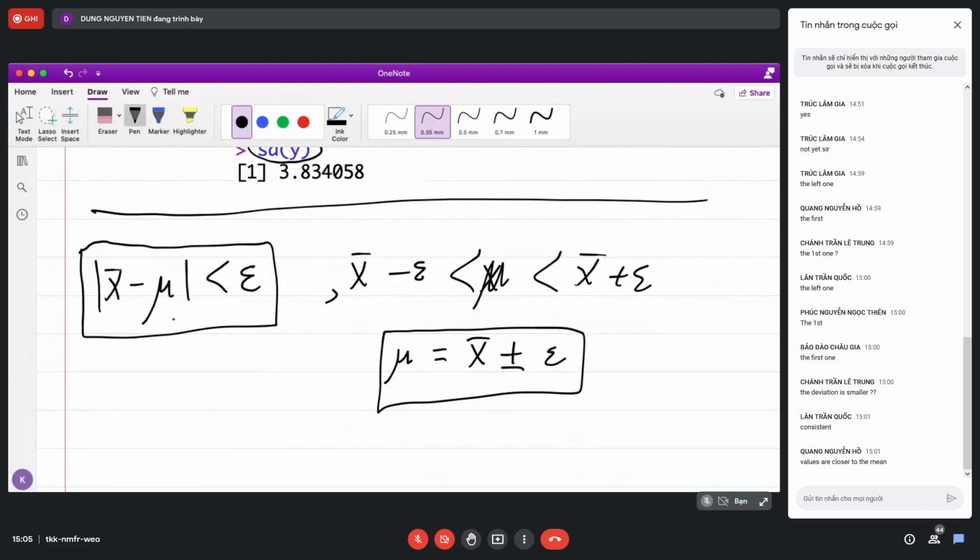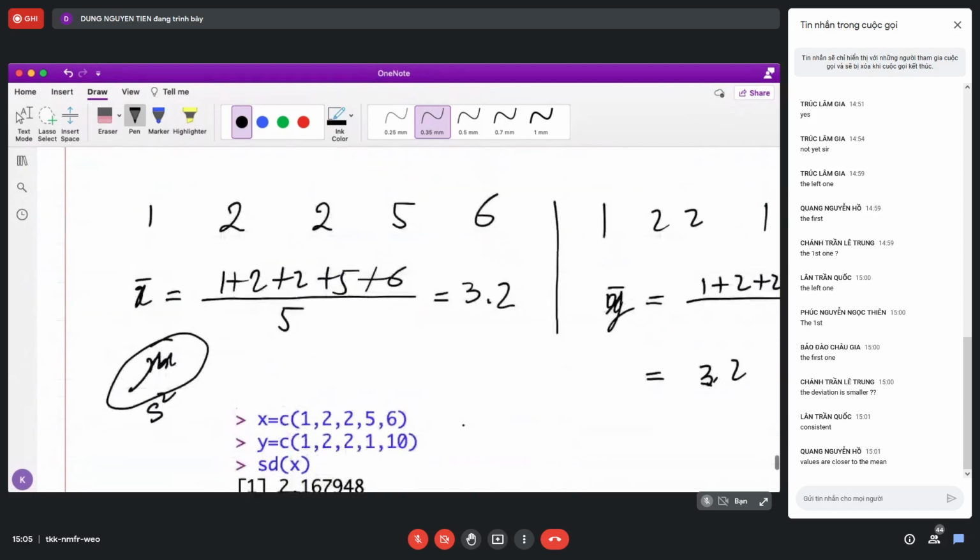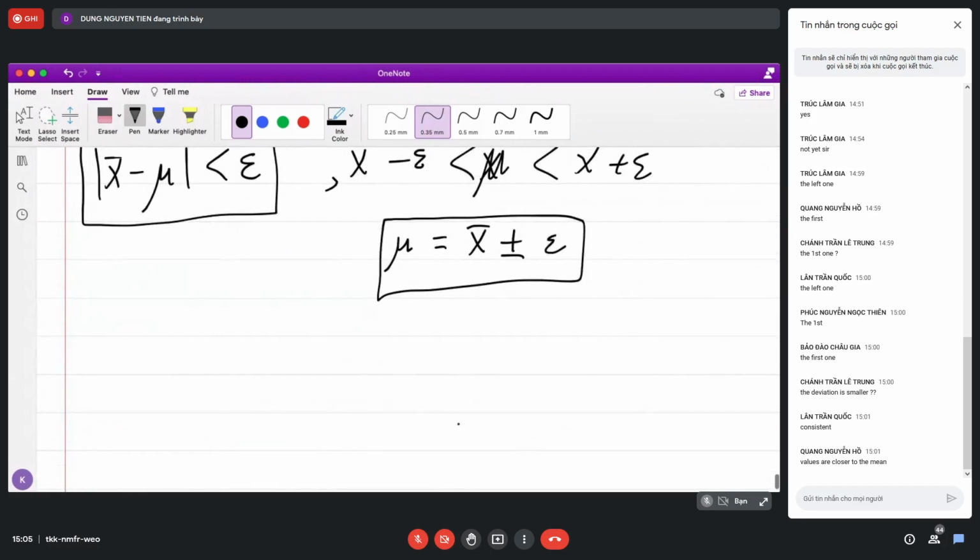Can we guarantee that the difference is always less than epsilon, a given number?